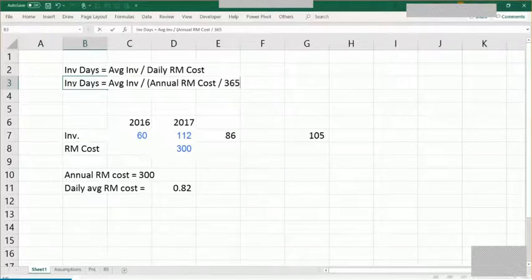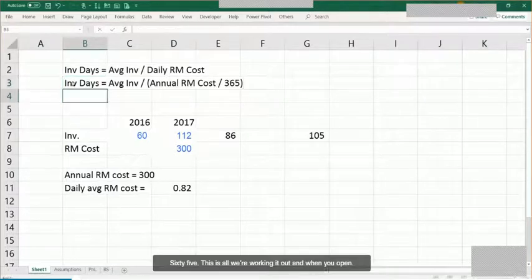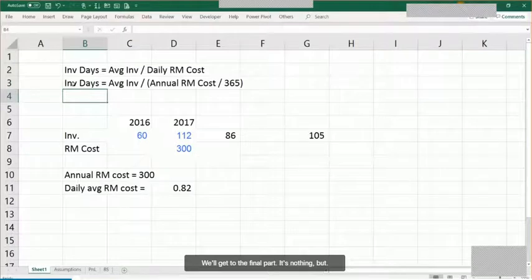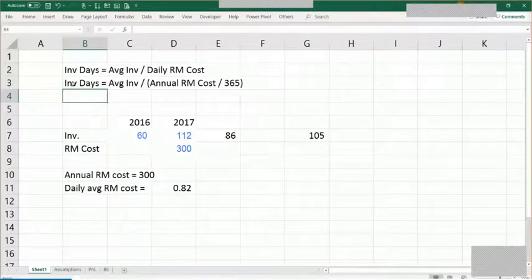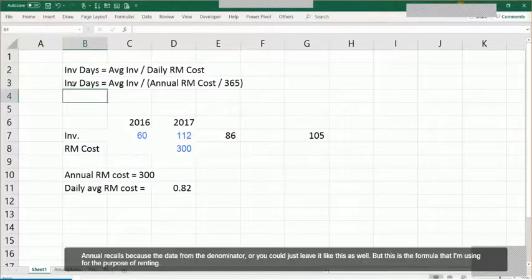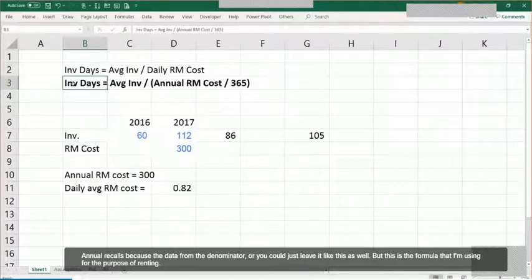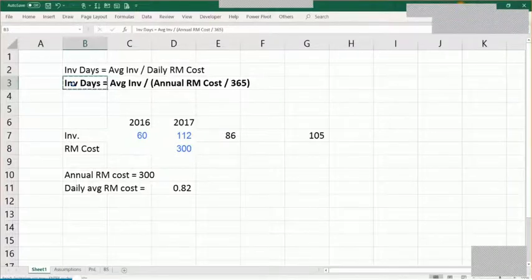This is how we are working it out. And when you open the bracket and get to the final part, it's nothing but 365 into average inventory by annual raw material cost, or you could just leave it like this as well. So this is the formula that I'm using for the purpose of inventory days.